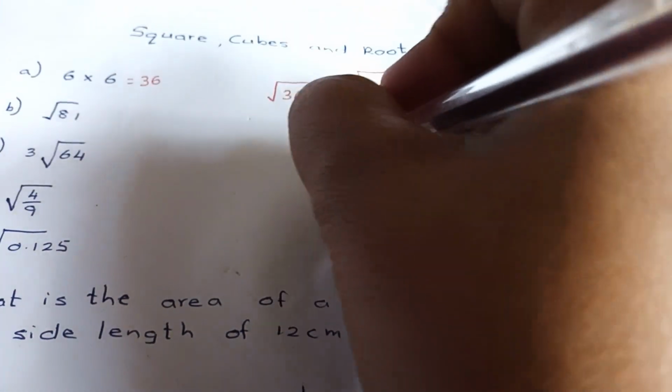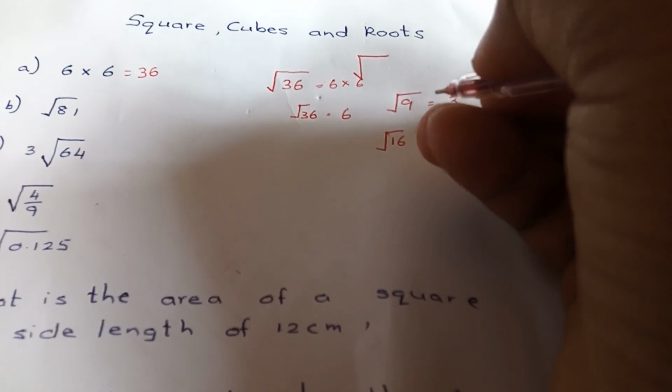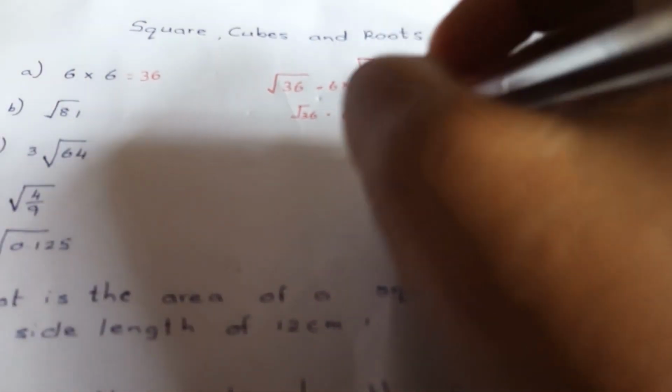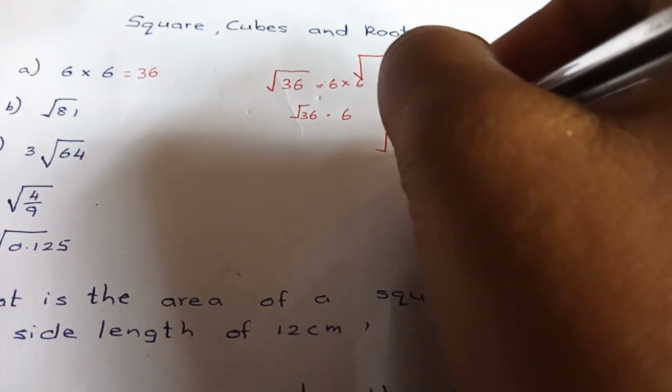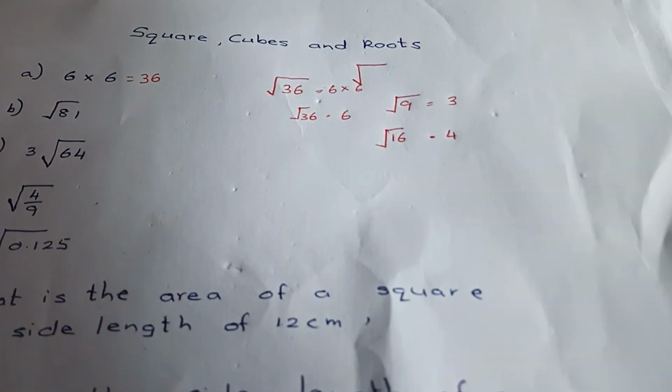Another example. What is the square root of 16? It's 4. Then we can do this question. What's the square root of 81? The square root of 81 is 9.